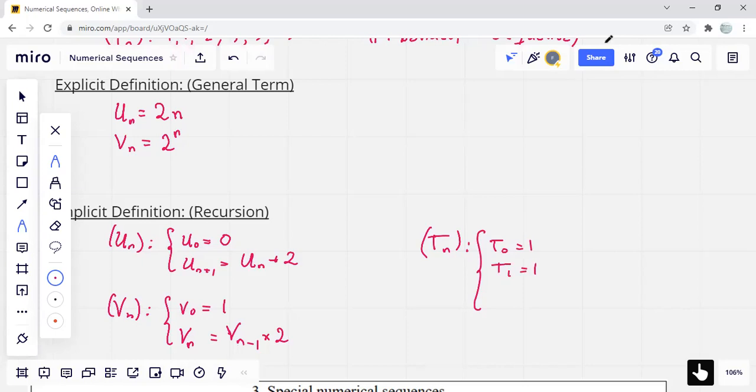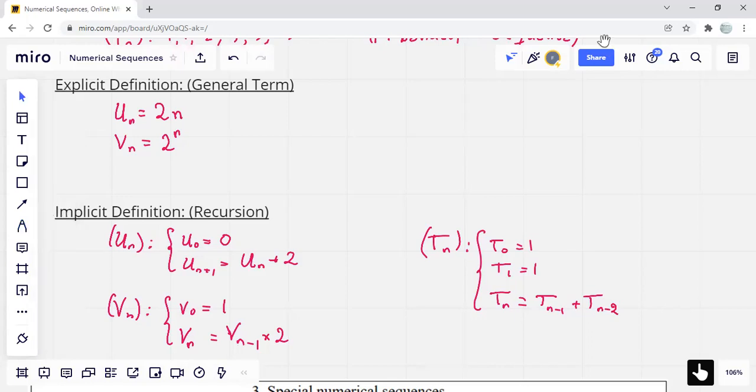To find any term, T_n is simply the term previous to it, T_{n-1}, plus the term previous to that, meaning the sum of the two previous terms.